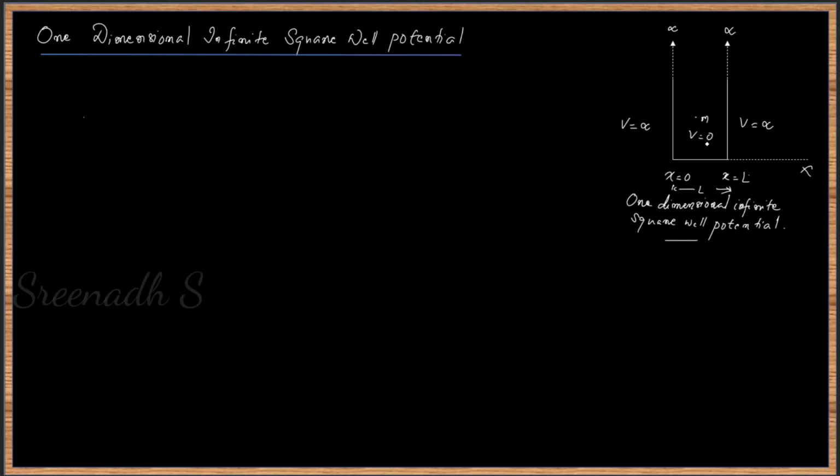That is what is written here: V, the potential energy, is equal to 0. But outside the box the potential energy is infinite. Since the potential energy is 0, it is independent of time. That means the potential will not change with time.